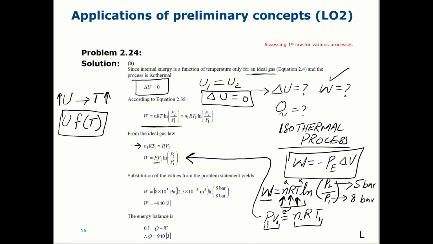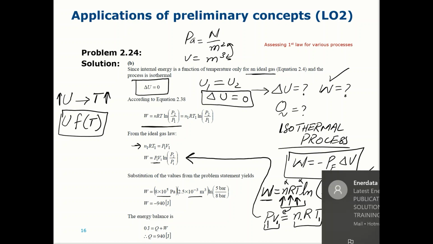Now, do we have P1? Answer is yes, 8 bar. But in this case, we have used Pascal because volume is in cubic meters. Pascal is Newton per meter square. So volume should be cubic meters because we want to play around with these meters.